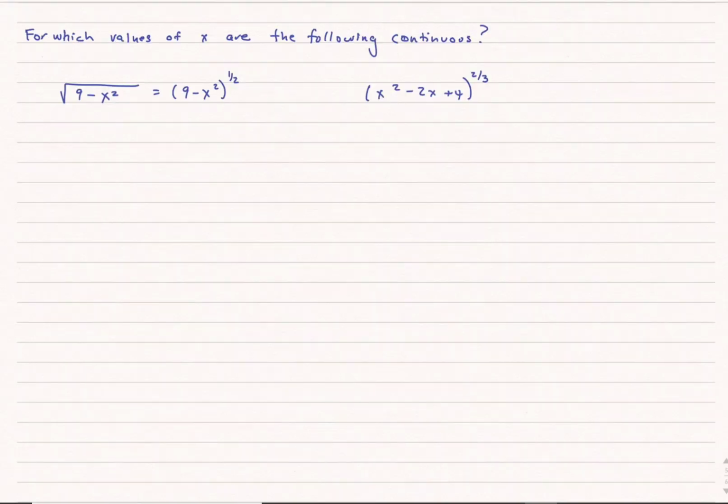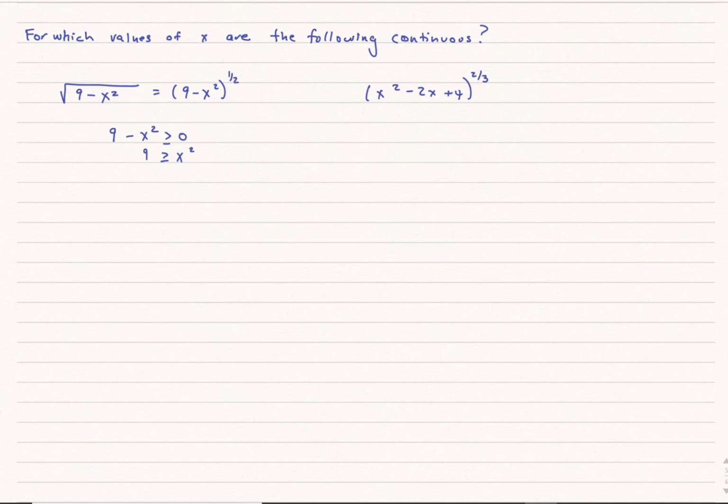You'll see some questions such as, for which values of x are the following continuous? This deals with root functions. The example on the left is the square root. That is an even denominator. In that case, we have to make sure that what goes into my square root is nonnegative. That means 9 minus x squared has to be greater than or equal to 0, which means 9 has to be greater than or equal to x squared.